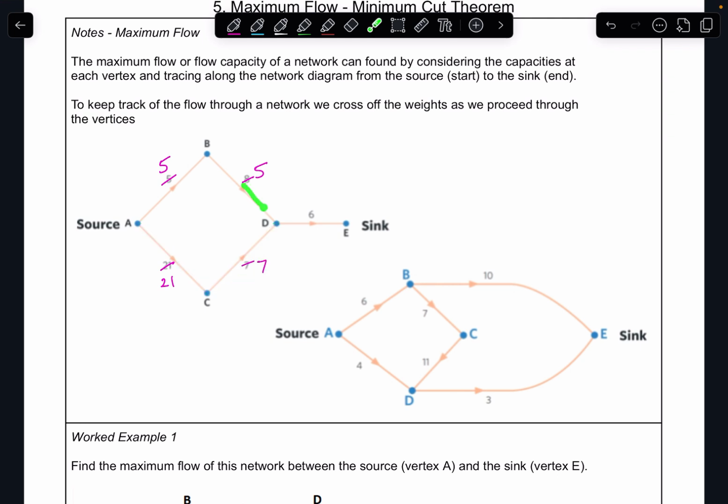When we look at what's coming into D, we've got 5 and 7, so 12 coming inflow, but our outflow is 6. So the maximum coming out is going to be 6. So we say for this, the max flow equals 6, because that's the maximum that can go through that network at one time.